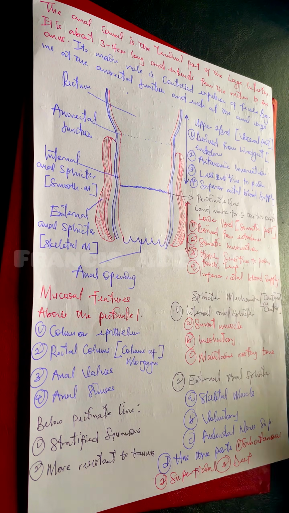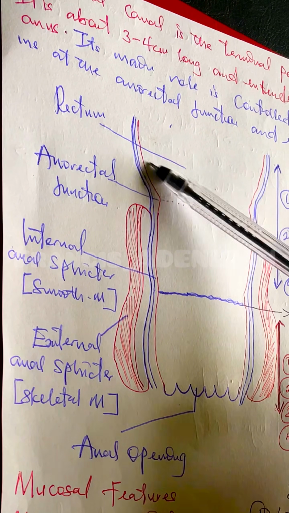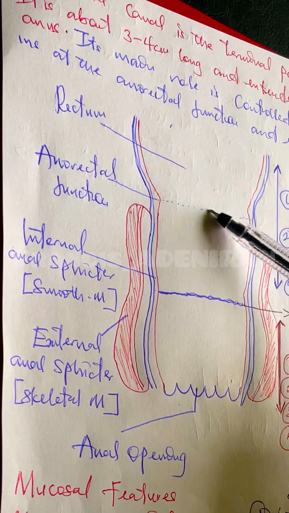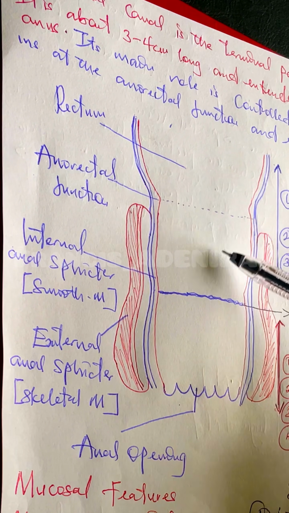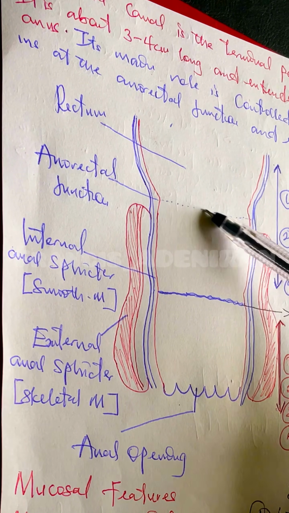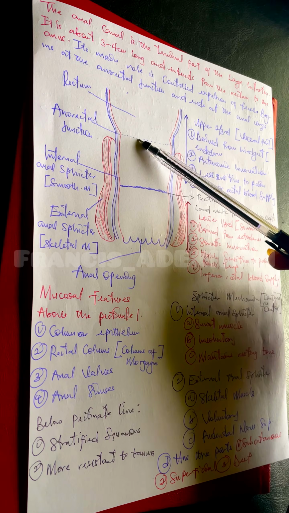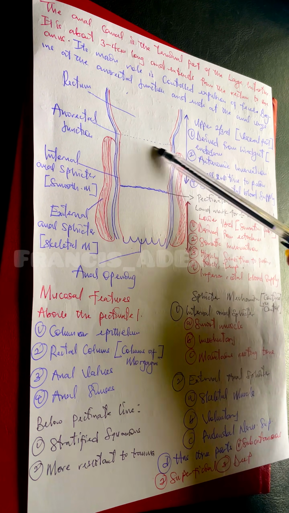The anal canal is the terminal part of the large intestine and it is about 3 to 4 centimeters long, extending from the anorectal junction to the anal opening. If this is the diagram of the anal canal and this part is the rectum, this junction is the anorectal junction, the junction between the anal canal and the rectum, marking the point of transition between the two regions.